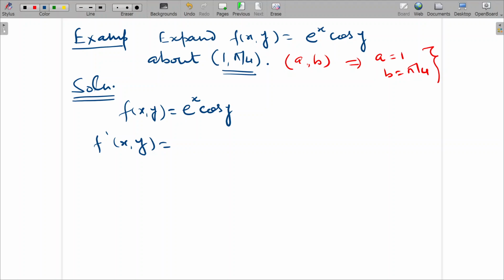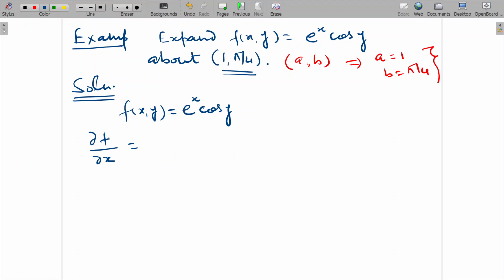Now we will find f dash (x, y). Because this is not the case of a one variable function, we have to represent this first order derivative by specifying with respect to which variable we are obtaining it. So suppose we are doing del f over del x.